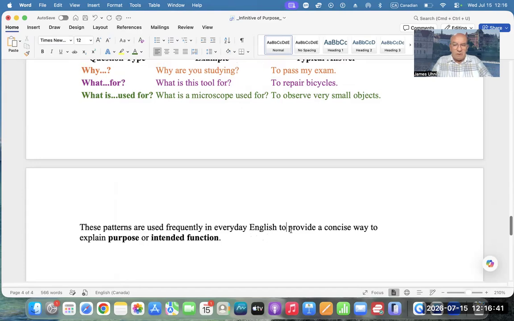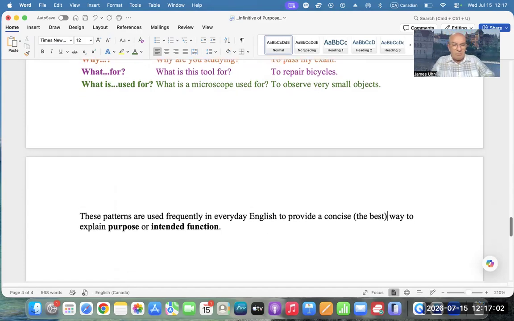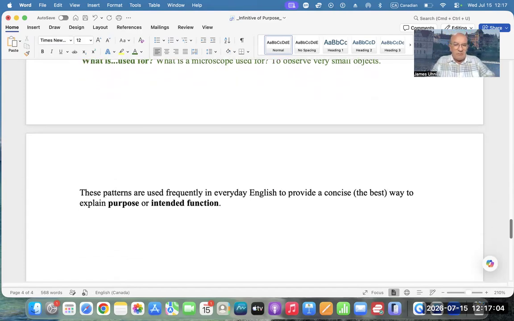So what is concise? Concise, I will type in parentheses, the best way to explain purpose or intended function.